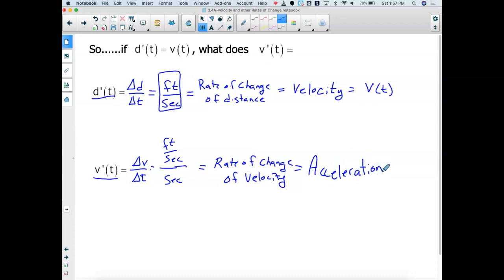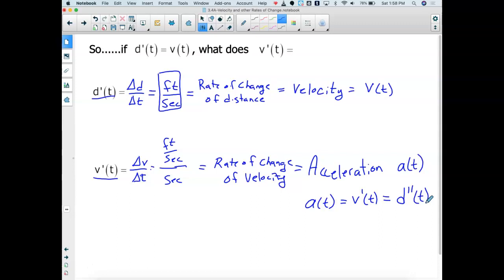Acceleration. And in calculus, we call acceleration a of t, okay? And with all these connections, we can call that a few different things. We can call that v prime of t. The derivative of velocity is acceleration. And the derivative of velocity would be the second derivative of position. So I can get all of these cruising all the way through here.